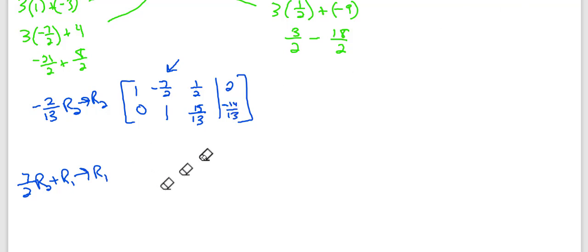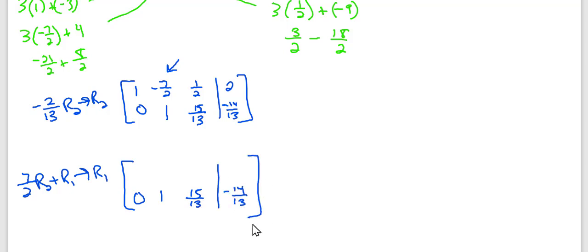Not changing the bottom row, so copy it over. 7/2 times 0 plus 1 is 1. 7/2 times 1 plus negative 7/2 is 0. This one I am definitely going to have to write out. 7/2 times 15/13 plus 1/2.